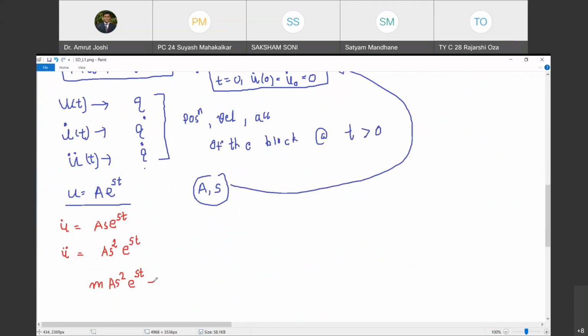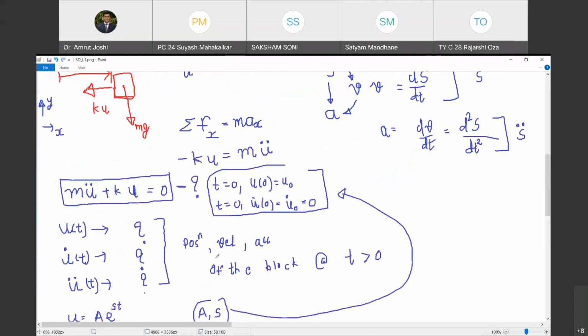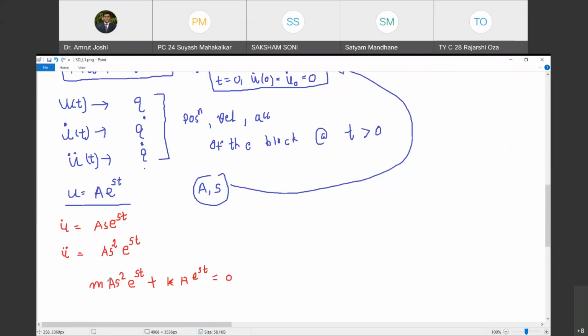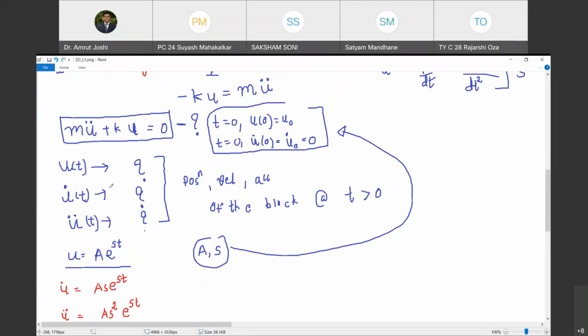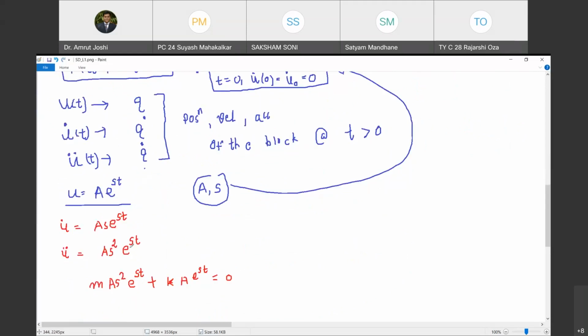Plus k times A e raised to st. Do you agree with me? This is equal to 0. What I have done is, in place of u, I have substituted A e raised to st, and in place of u double dot, I have substituted A s square e raised to st.